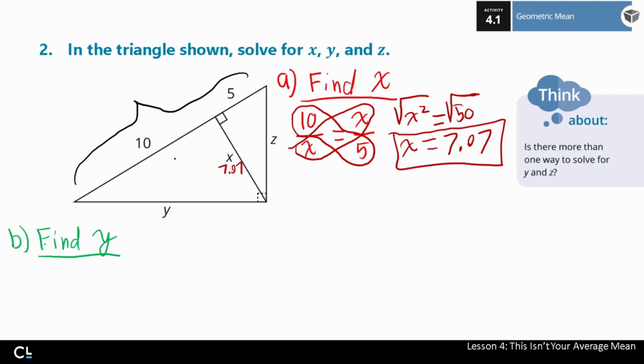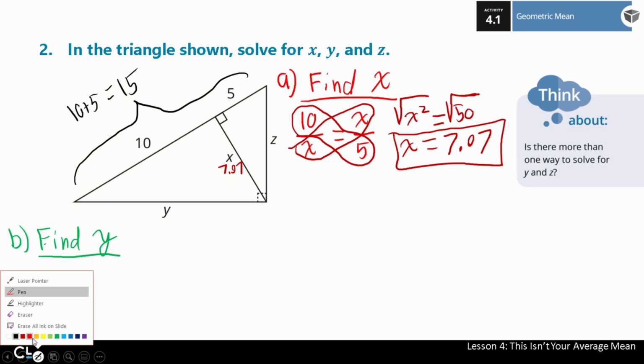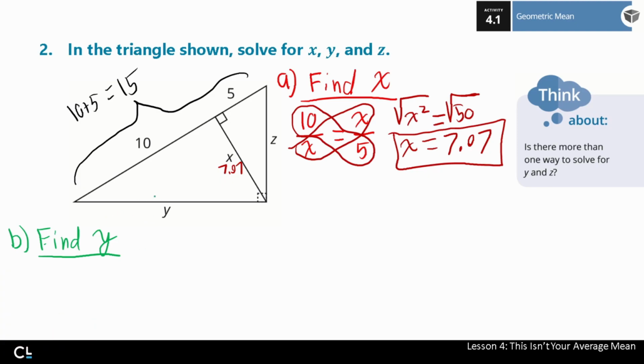We need to find the distance of this whole entire thing, which is really just like 10 plus 5, which is going to equal 15. So for this one, what we could do is y is going to be our geometric mean again. We're going to use the chunk closer, which will be here. We're going to say 10 over y equals y over 15.